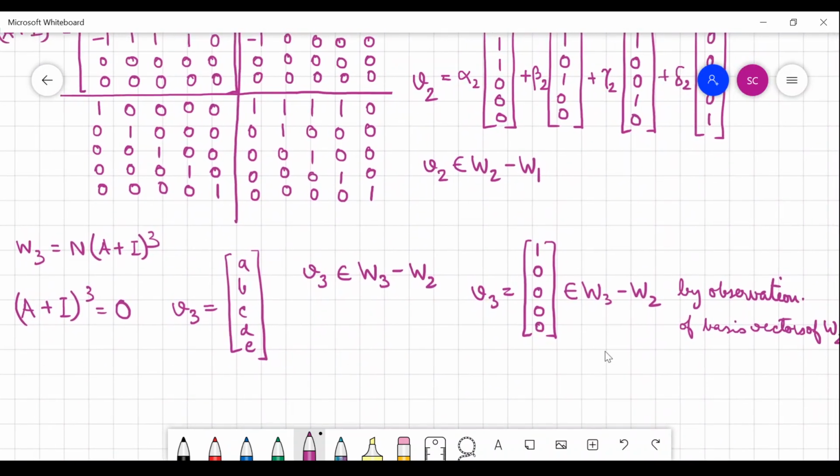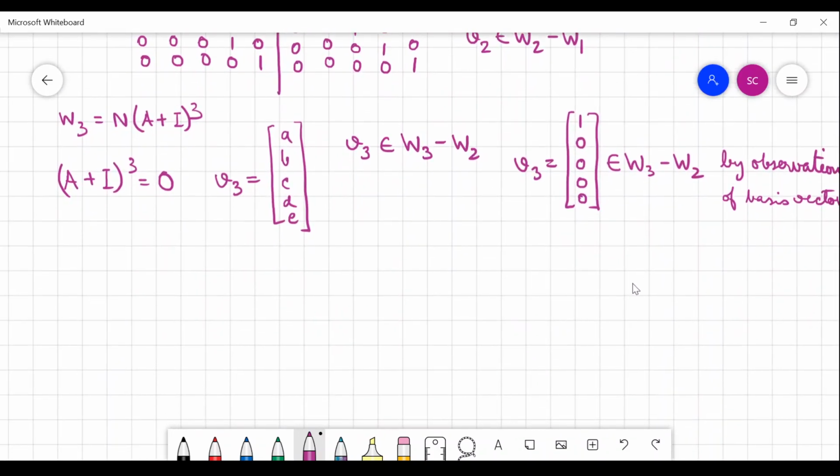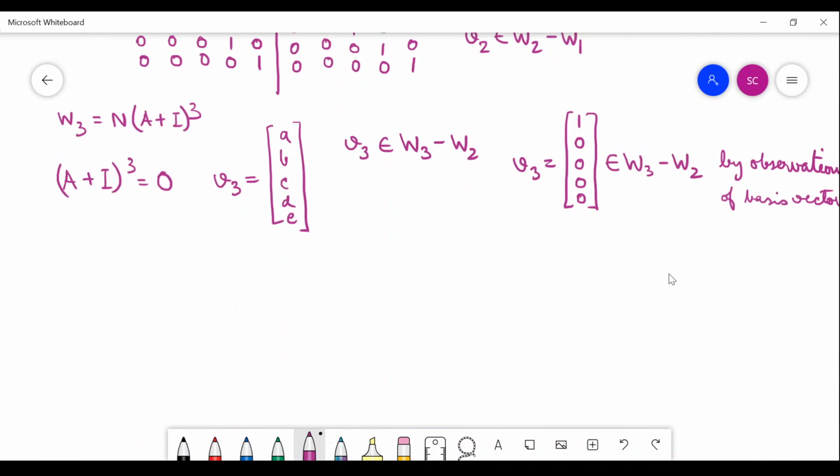Next, what you have to do now is find out the V2 that will come out because of choosing this V3. So you have to do the back calculation. V2 would be equal to (A + I) into V3. Now what is A + I?